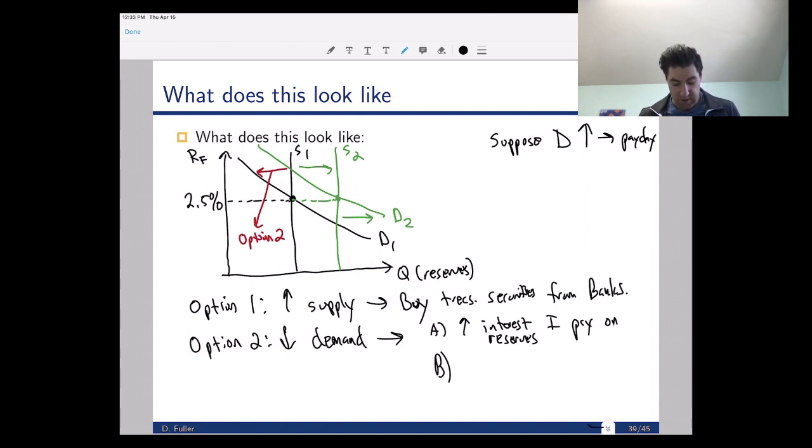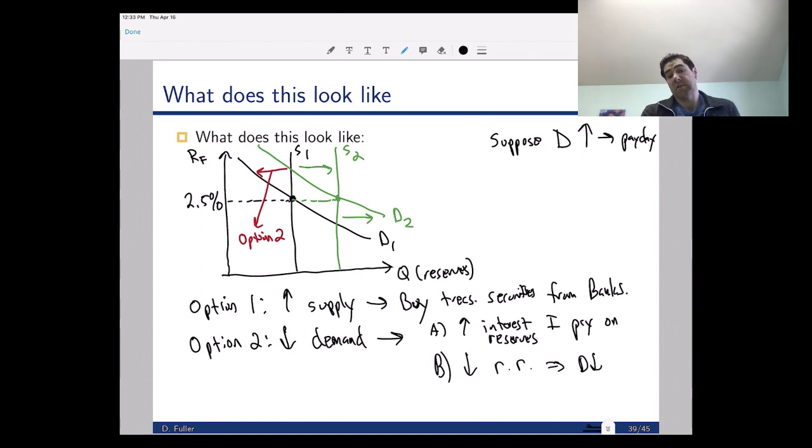So if I decrease the reserve requirement, that's also going to decrease demand, right? So now you don't have to hold as many reserves on hand as part of the requirement. And so you will have more funds available to cover the transactions demand created by payday. So that's an effective shift to the left in the demand of reserves.